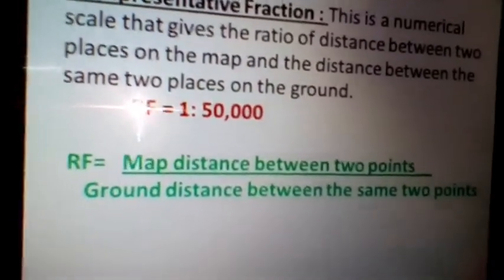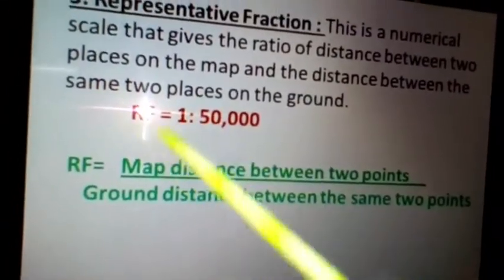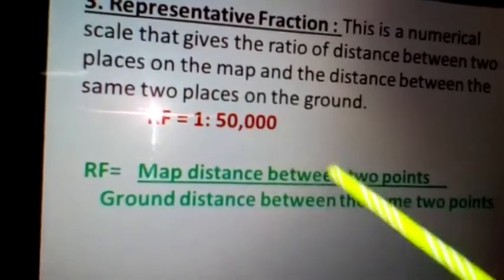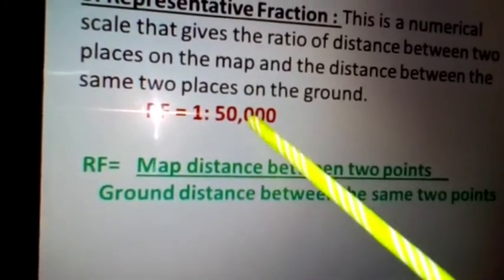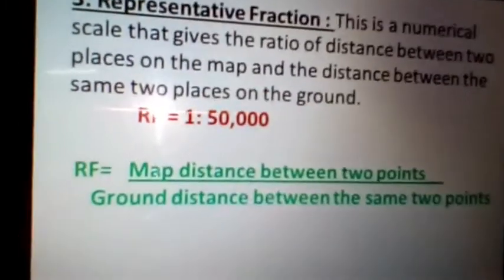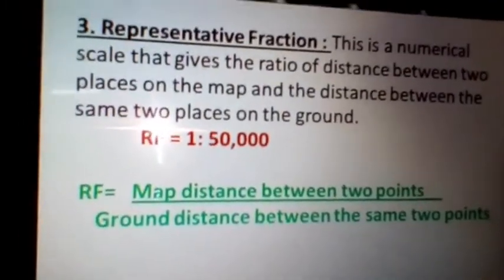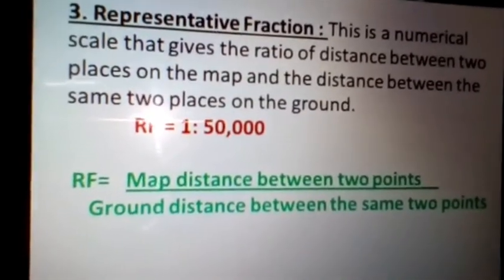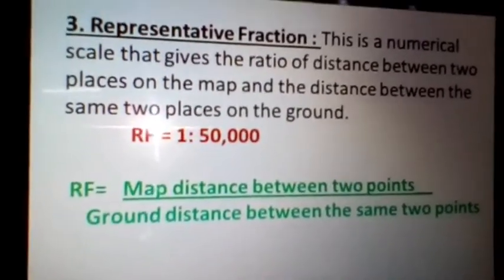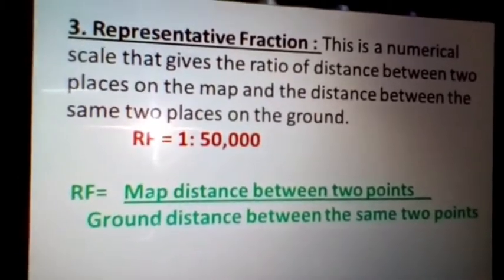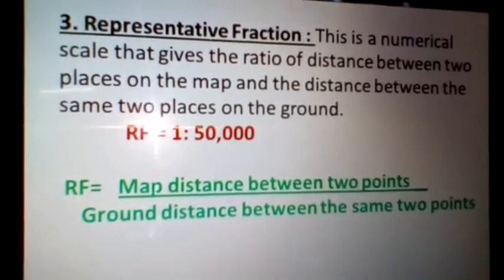So if I have to write this statement, RF is equal to 1 is to 50,000, I will be writing 1 on top and 50,000 below as the denominator. If either one is given, that is the statement or the RF, we can easily convert and get our answer as to what is the actual distance on the ground and what is the distance which has been depicted on the map.